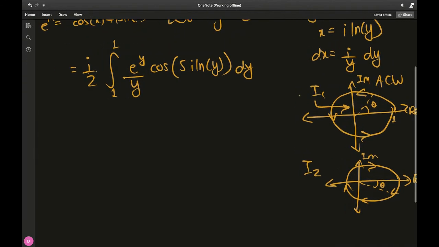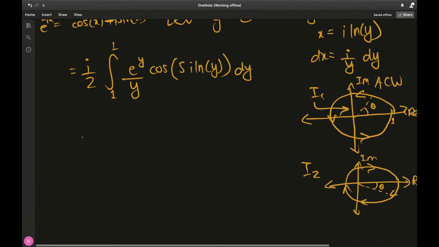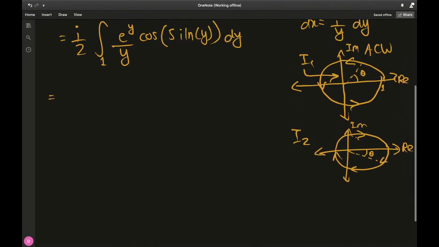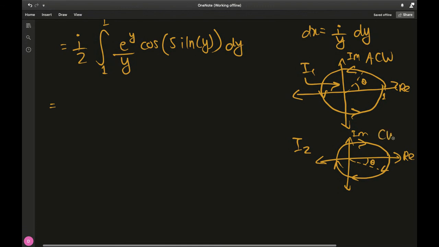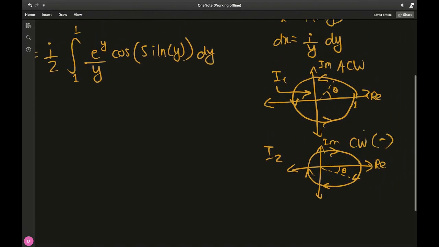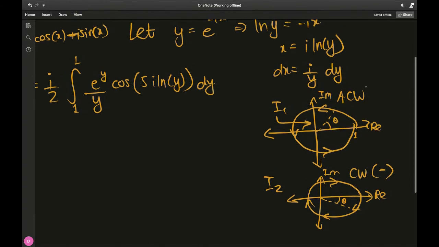And that's actually what makes the entire difference, because integrals in a clockwise order are always negative, and integrals taken in the anti-clockwise are always positive.